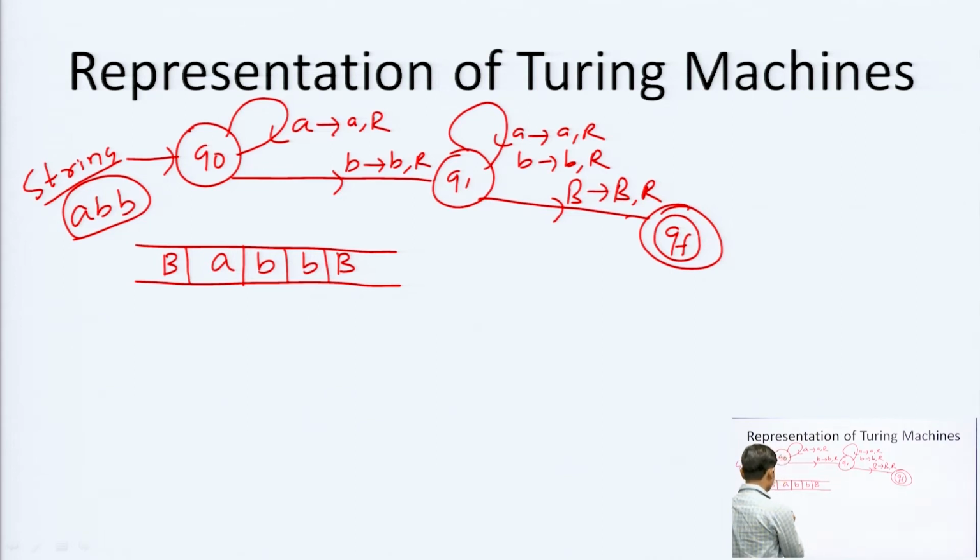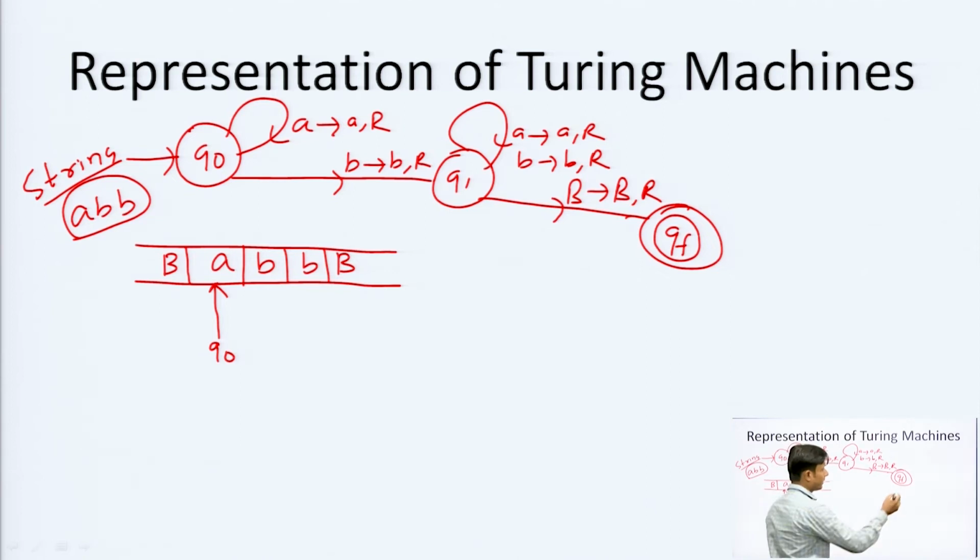So now your tape head is in the Q0 state, and the tape head points to A. Now, check: when you are taking Q0 on A, what is it doing? It comes back to Q0 and whatever the tape input is remains the same. I already told you what the transition function is.